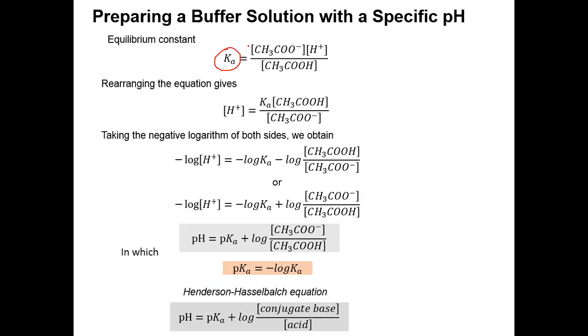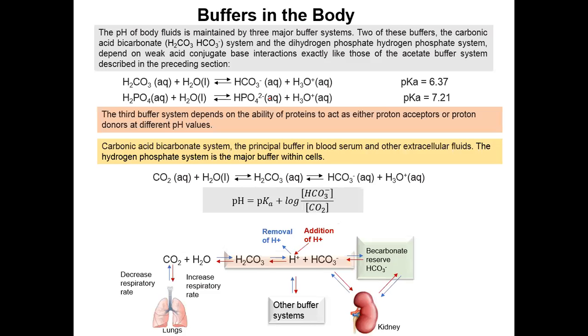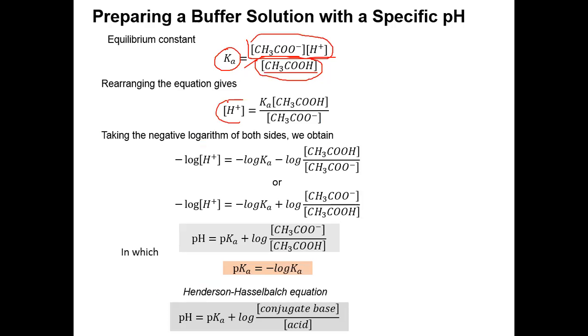Again, this is the ratio of products to the initial compound. This is the ratio of ions, acetate and H plus, over acetic acid. So from here you can calculate H plus, for example. If you know Ka, you can calculate H plus.